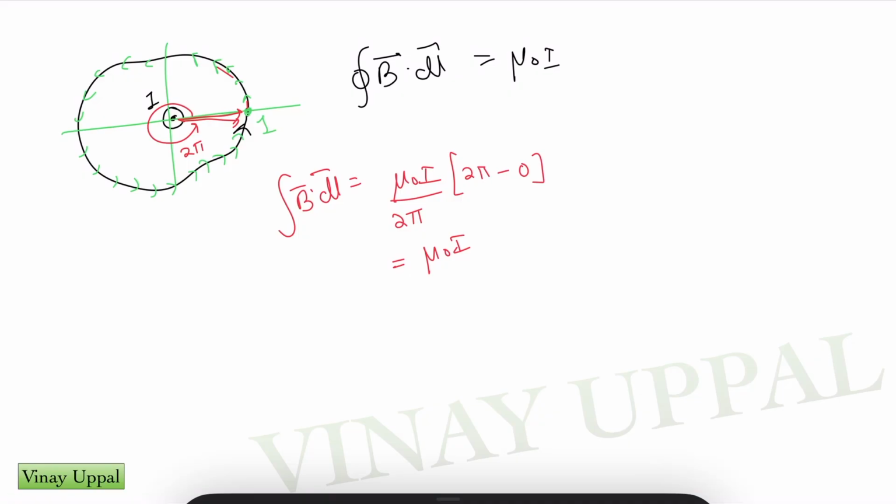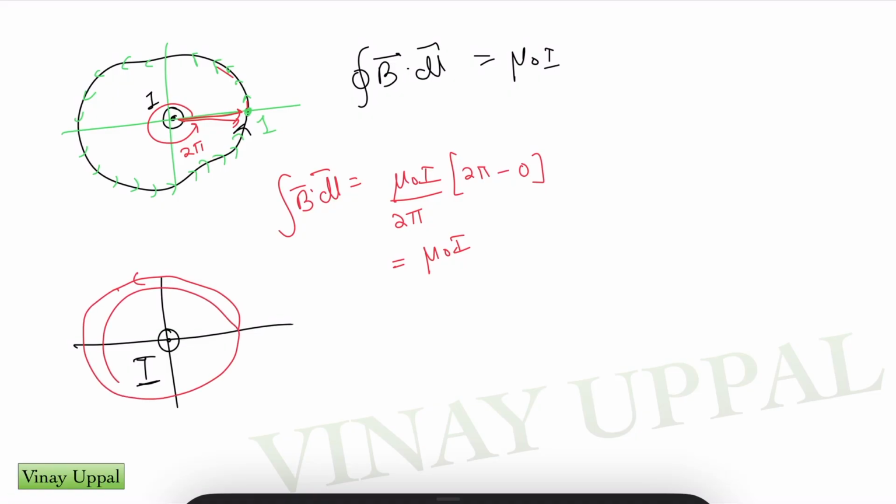Alright, if you travel the loop twice, for example, you can even consider an Ampere's loop that encircles the current twice. What I mean is, you travel here, this is your Ampere's loop, and then you again travel this way, and you come back.